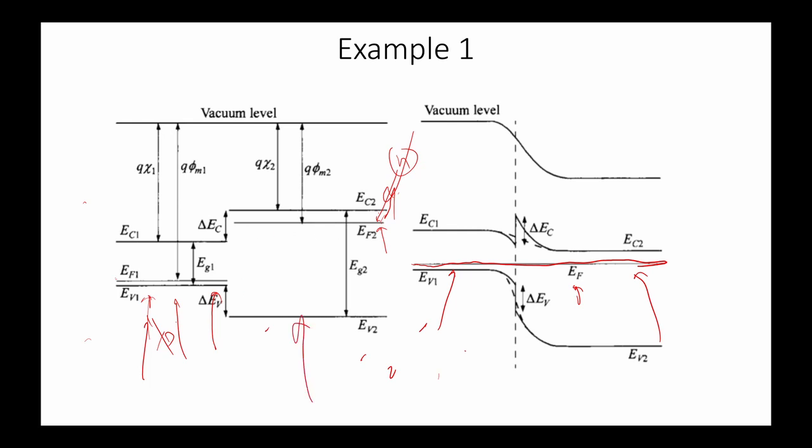When we join these two, the Fermi level should be constant, that we have seen. Another rule is that these points won't move. This point will stay at the same level, and this point will stay at the same level.